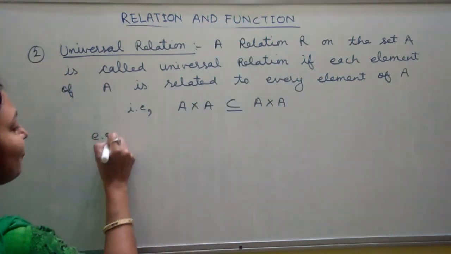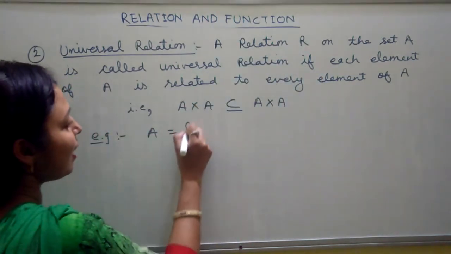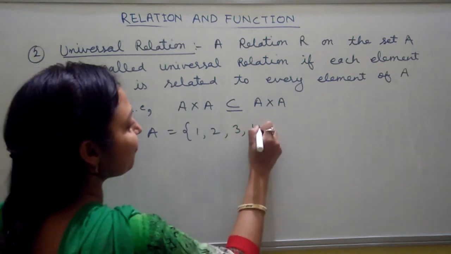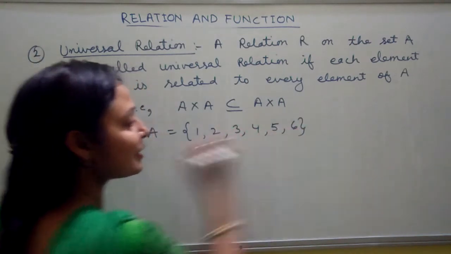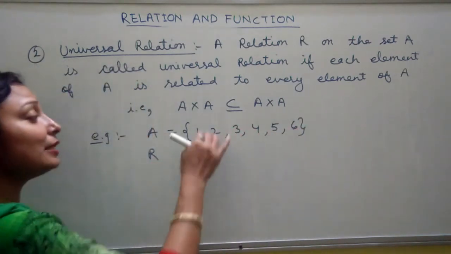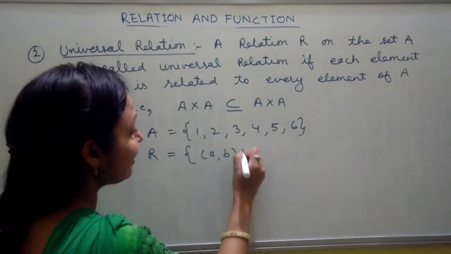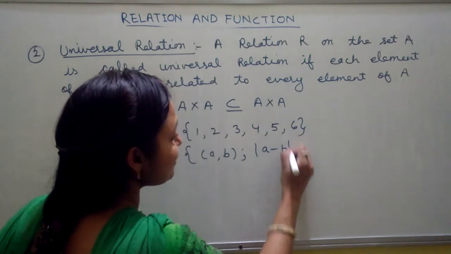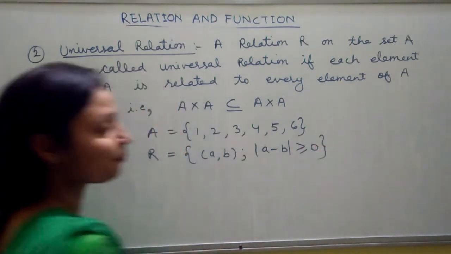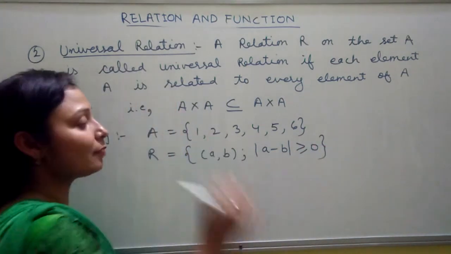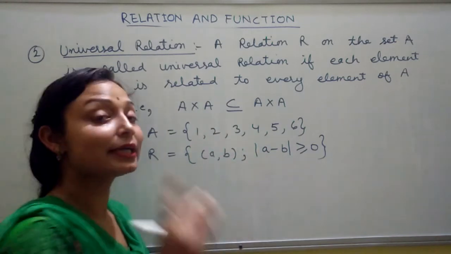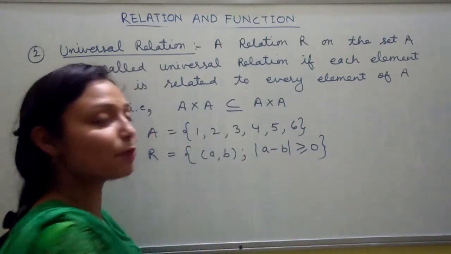For example, we have one set A = {1, 2, 3, 4, 5, 6}, and a relation R defined on this set, that is R = {(a, b): modulus of a minus b is greater than or equal to 0}. Every pair when subtracted gives a non-negative result because of the modulus.